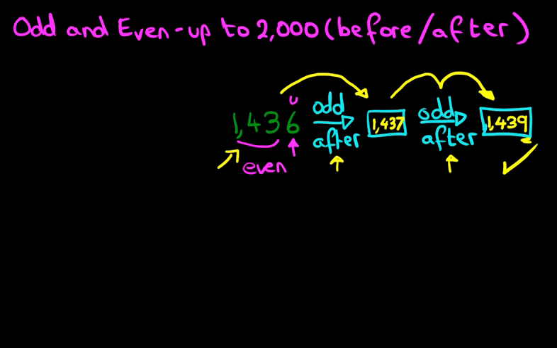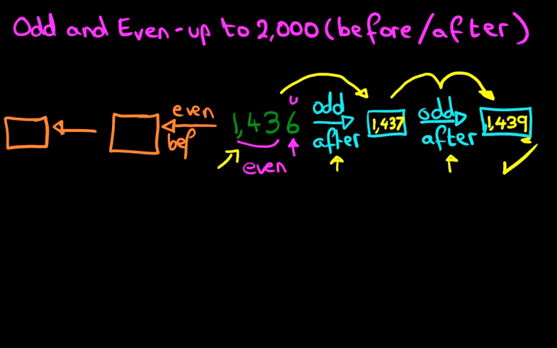Okay, now on this side, we're going to try to work out the even number before. So we know that the number we're working with, this number here, 1436, is an even number.